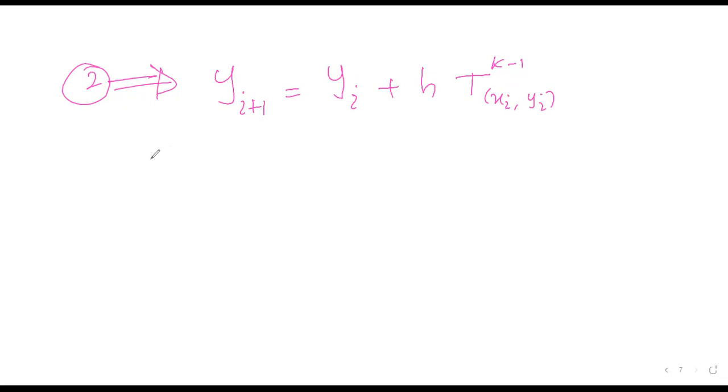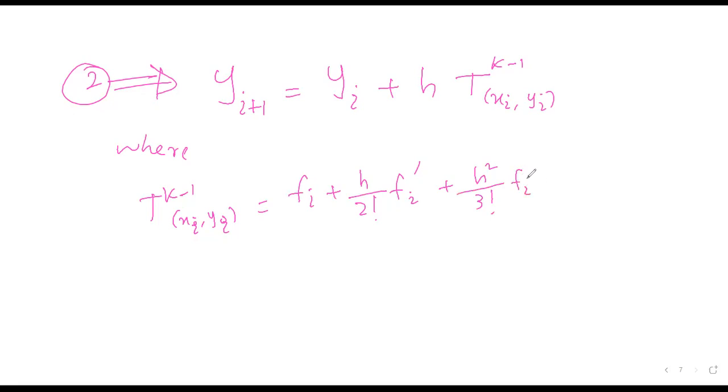So where T_k of (x_i, y_i) is equal to f_i plus h by 2 factorial f_i dash plus h squared by 3 factorial f_i double dash, and it goes up to the kth point.